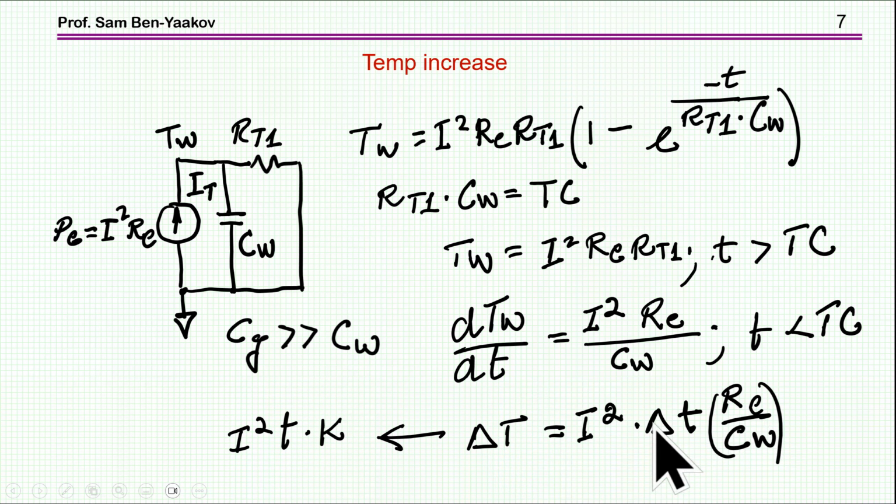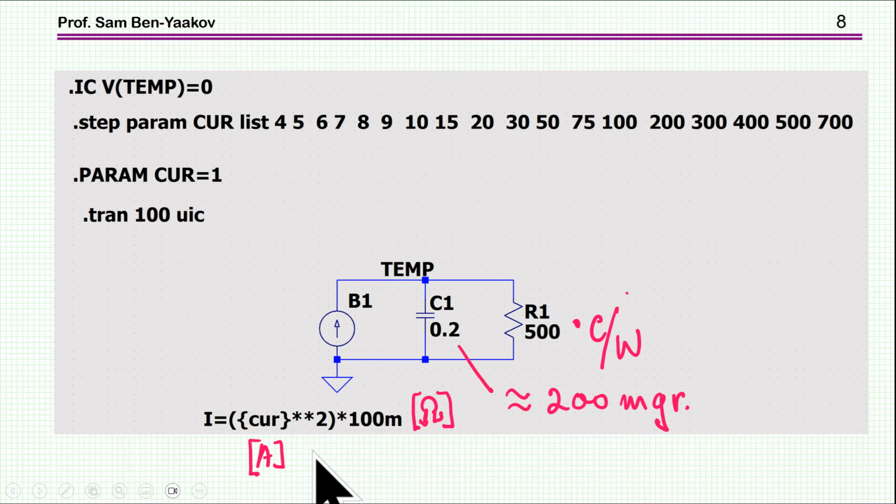So you see that we already have this I squared t term, I squared t times some constant. So the operation of the fuse at short times, which is of interest of course, is actually controlled by I squared t.